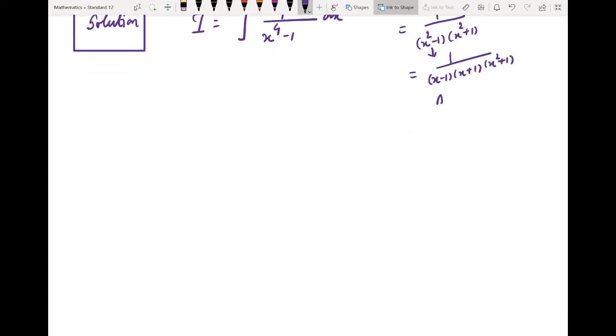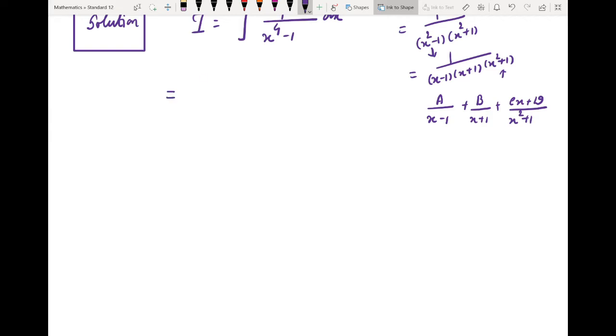Then as usual, a upon x minus 1, b upon x plus 1, and this is quadratic and irreducible, so cx plus d upon x square plus 1. Now a, b, c and d are constants to be determined. So this is method 1.